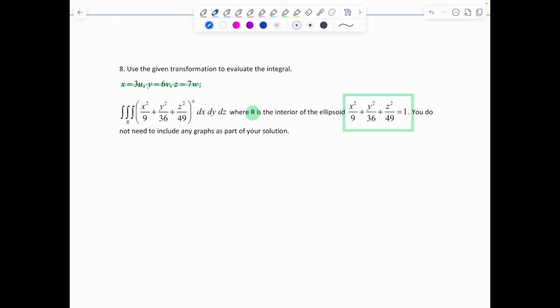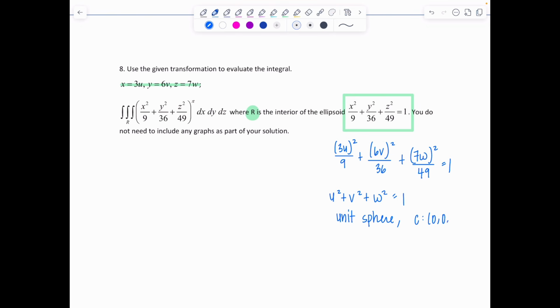So (3u) squared over 9 plus (6v) squared over 36 plus (7w) squared over 49 all equals 1. And no surprise, you get u squared plus v squared plus w squared is 1. So this is a unit sphere centered at the origin, radius 1. Beautiful.